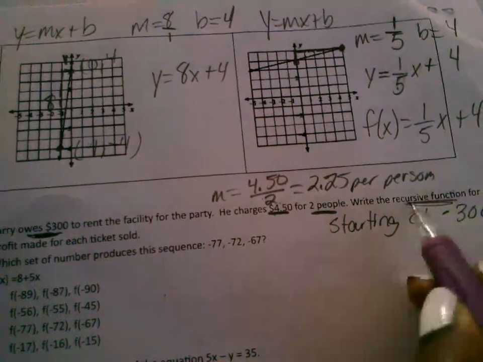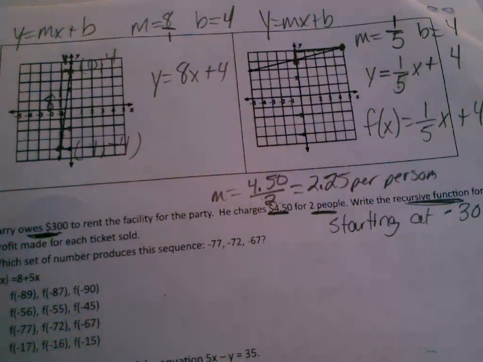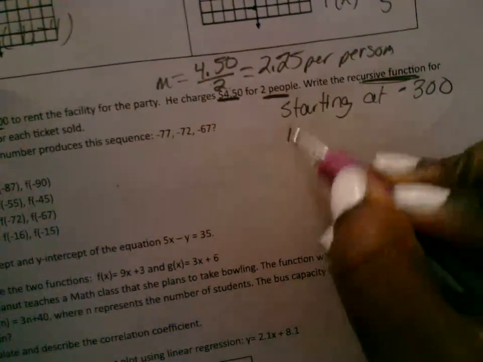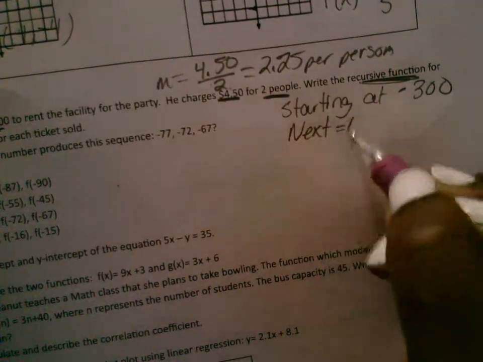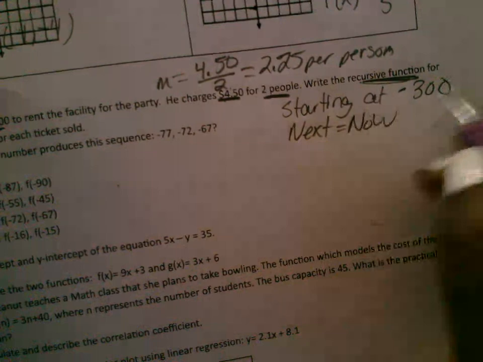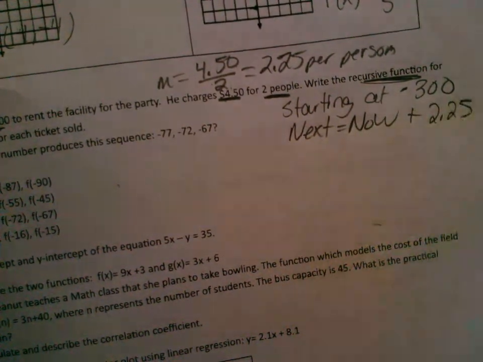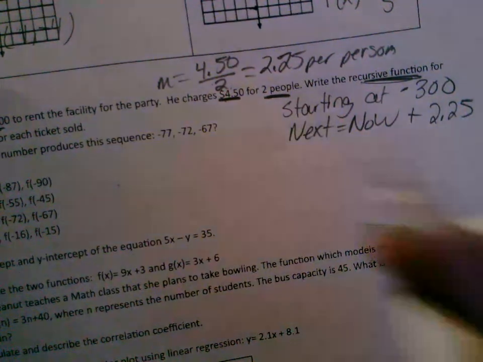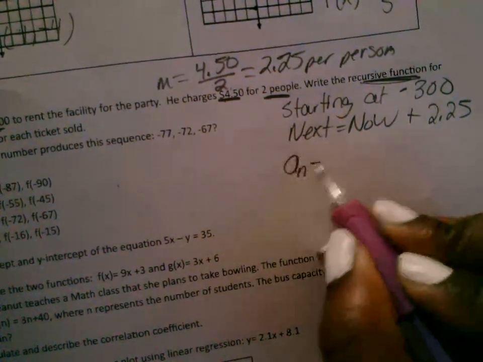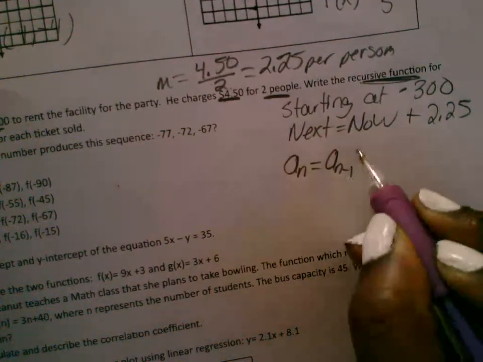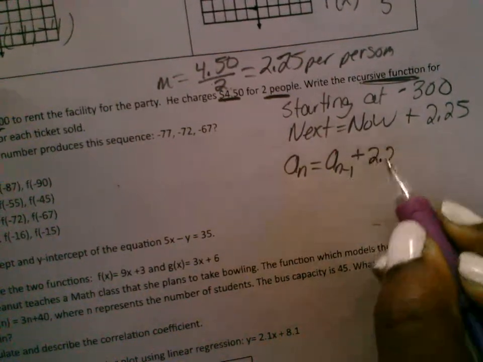And I'm writing a recursive formula. So what am I going to do every single time to get the next number? Next equals now plus 2.25. Very good. You're going to add $2.25 for every single person. Another way to write that is a sub n is equal to a sub n minus 1, and you're going to add 2.25 per person.